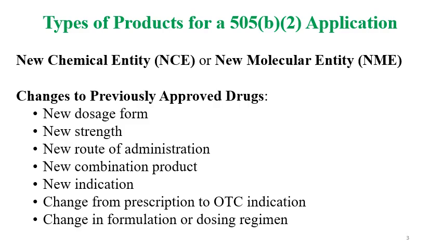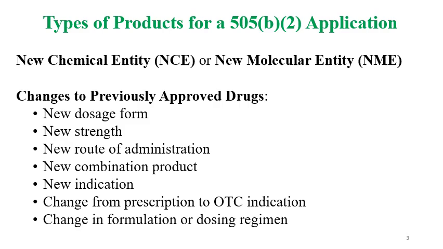So it is a type of new drug application only, but it is different from the full NDA. A new chemical entity or new molecular entity can be used in the 505(b)(2) application like the full NDA.